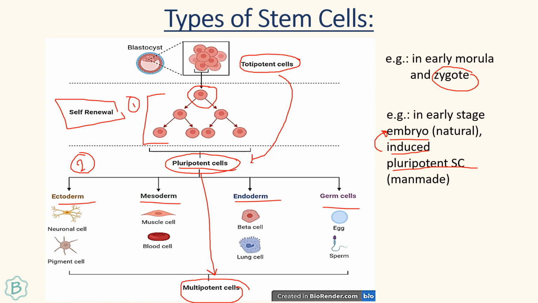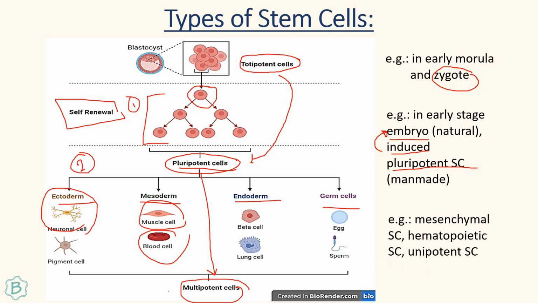So they can only differentiate into very specific types of cells, such as muscle cell, blood cell, neuronal cell, etc. You can see over here, only these very specific types of cells it can differentiate into, and its fate of differentiation is dependent upon a lot of factors. They could be biological in nature or they could be mechanical as well.